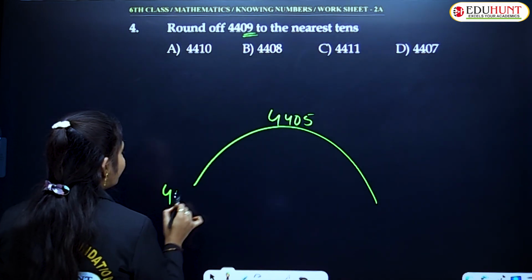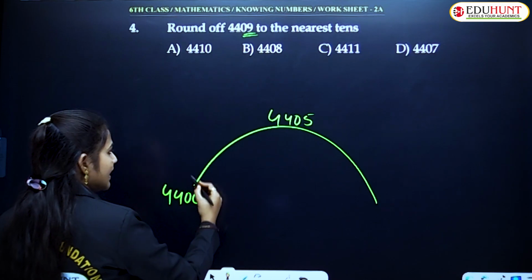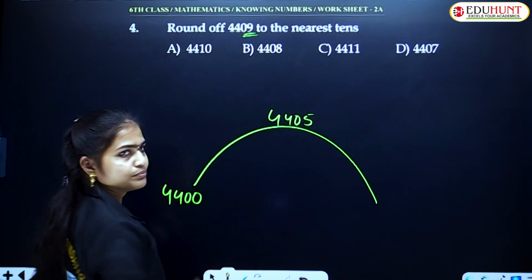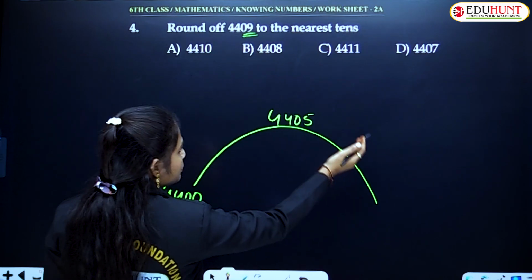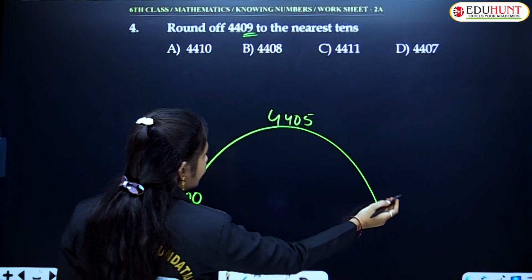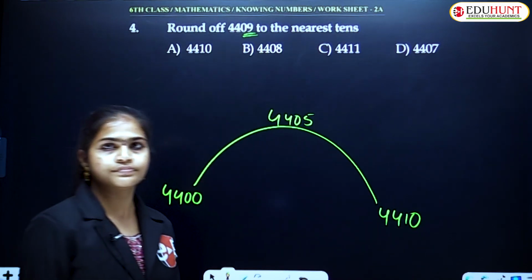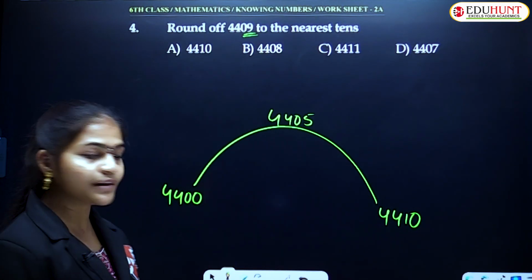So 4400, 401, 402, 403, 404, 405. Clear? 406, 407, 408, 409, 410. Nearest tens they are asking, that's why.